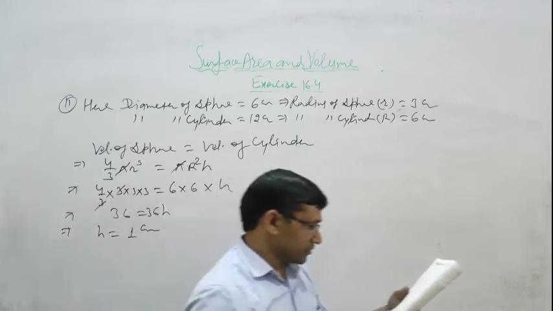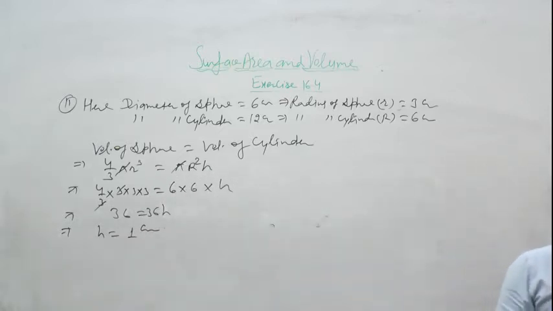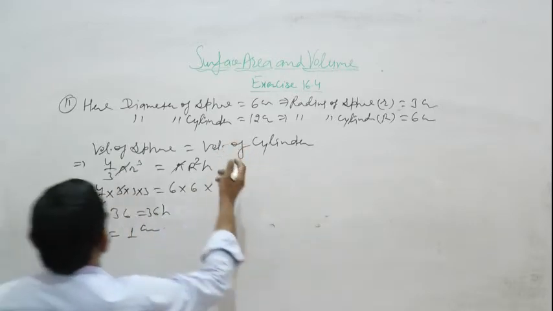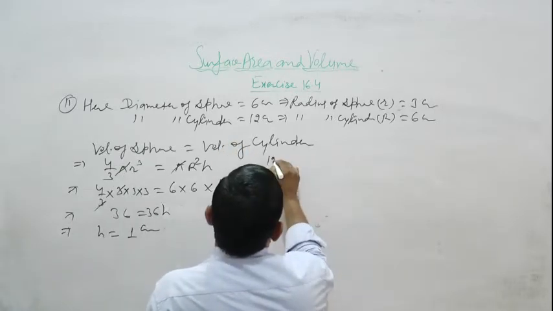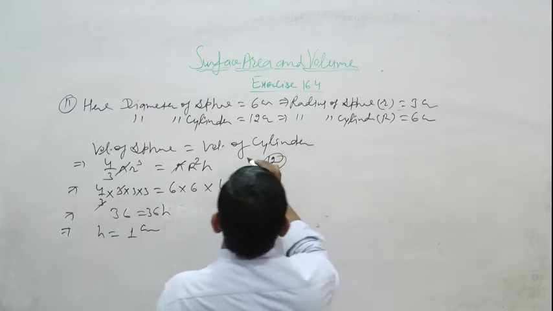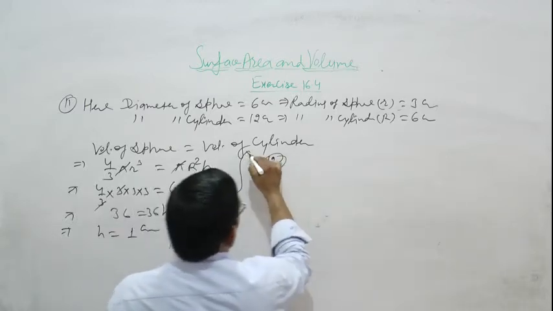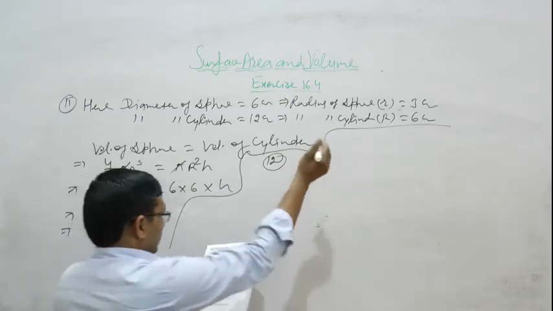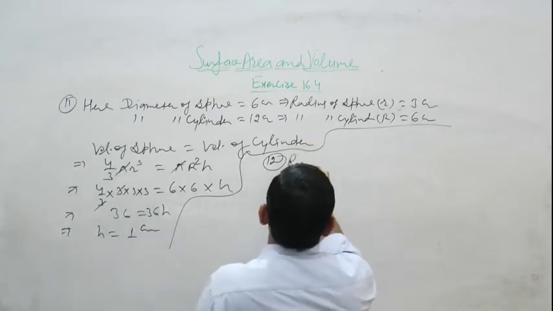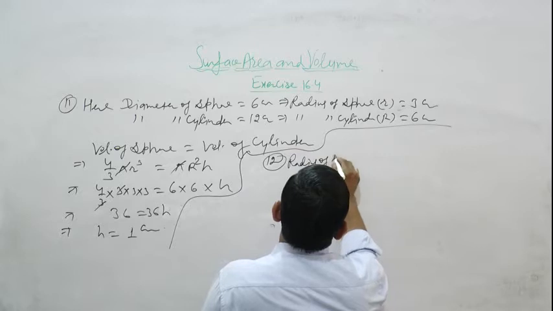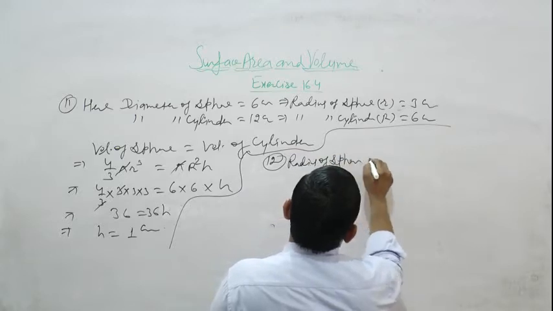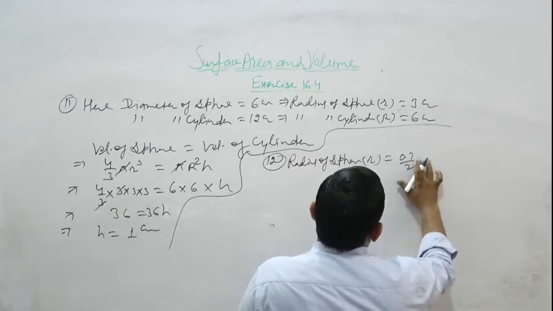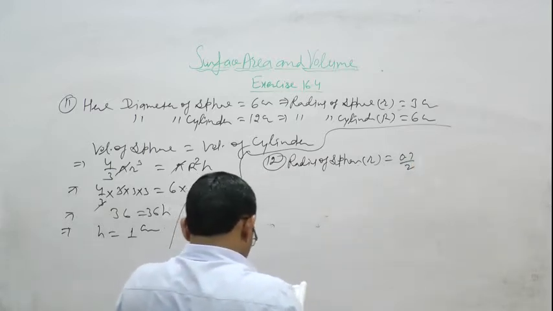Then some students ask question number 12. The diameter of a sphere is 0.7 centimeter, it means radius of sphere is 0.7 upon 2.